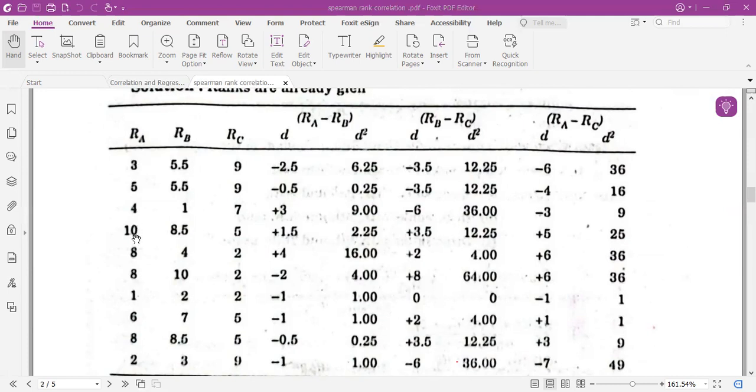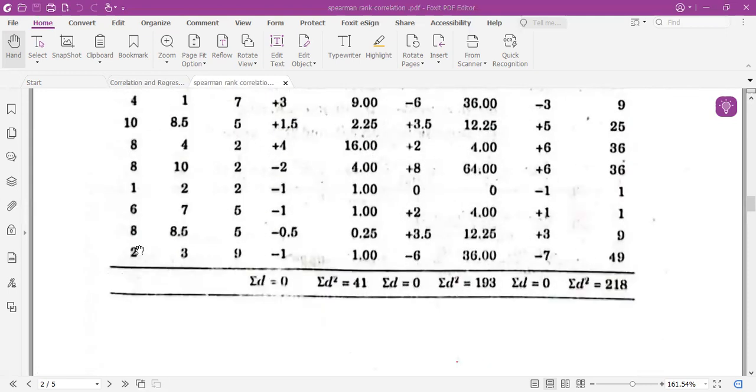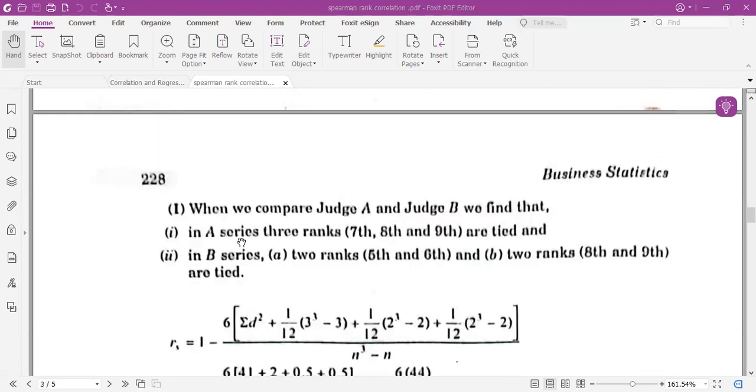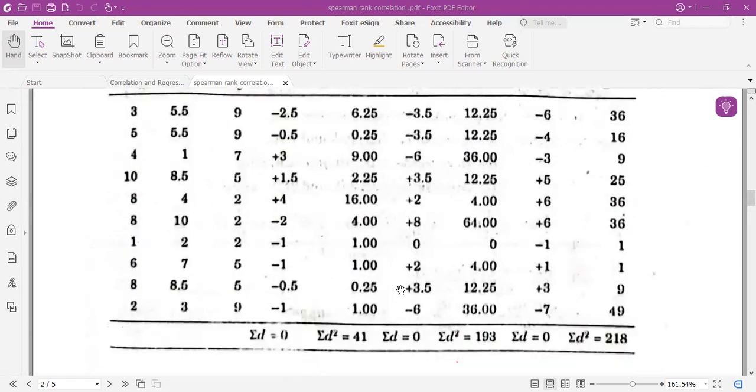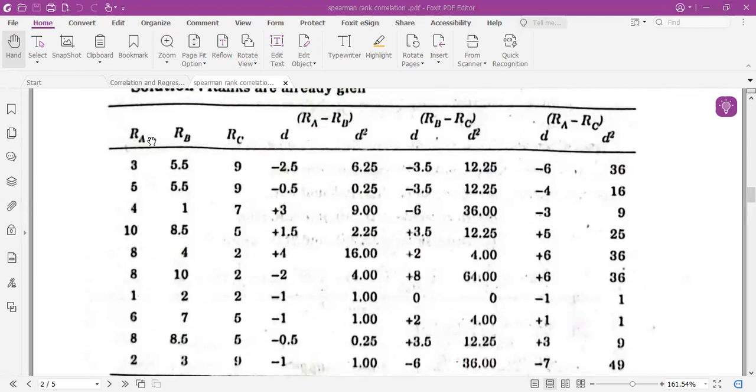So if I take this particular A, you can see the ranks 1, 2, 3, 4, 5, 6, and then 8, 8, 8 is repeated here. And similarly in series B, the 5th and 6th ranks, and the 8th and 9th ranks are tied up. So in series B you have 5.5, 5.5, 8.5, 8.5.